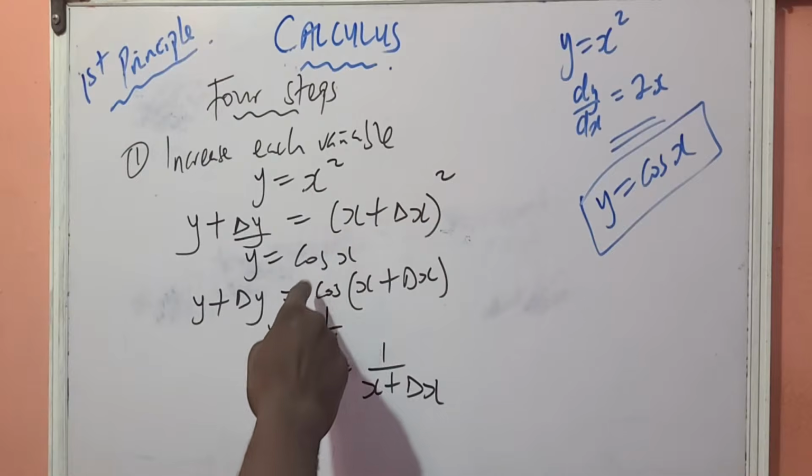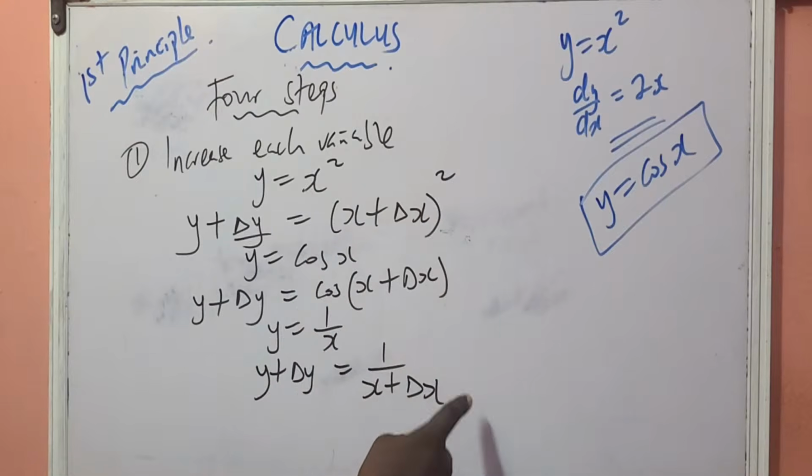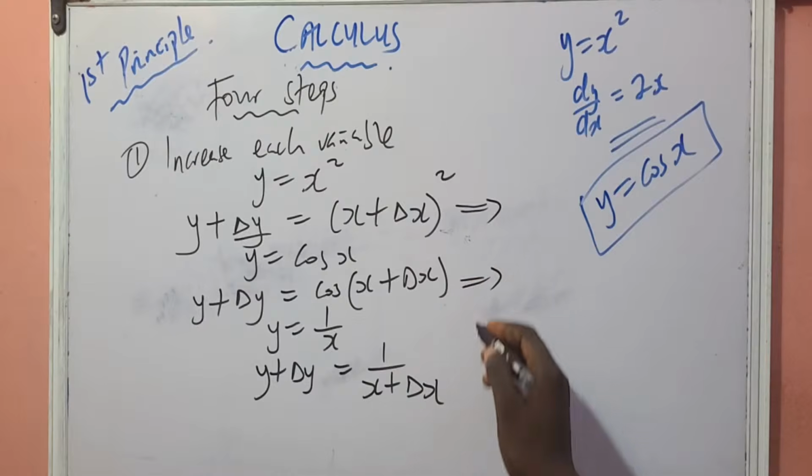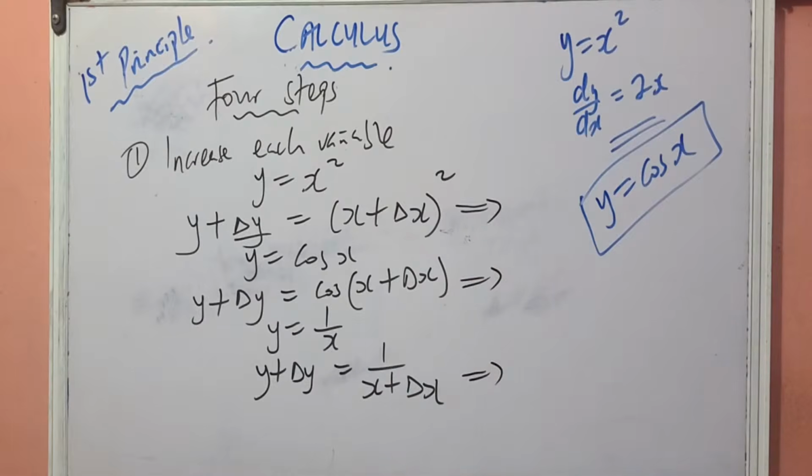This is the first, this is the second, this is the third. We have successfully added an increment to this, to this, and to this. So the next step would be to make the change in y the subject of formula.